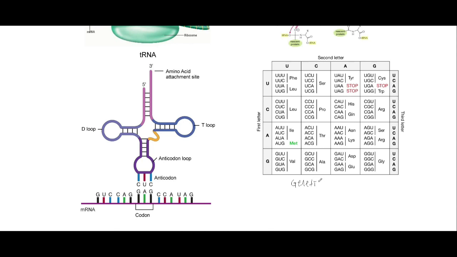We have our three-base codons here. So the 3 base things are called codons, and we can go by the first letter, the second letter, and the third letter.